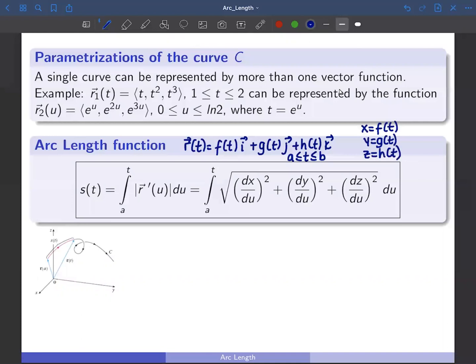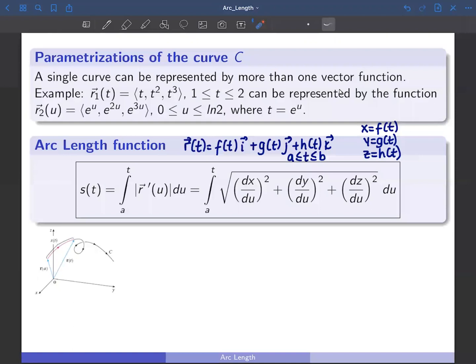And we can define the arc length function s of t. So we denote the arc length function s of t, and this is equal to the integral from a up to t of the magnitude of the tangent vector evaluated at u, du. And this is equal to the integral from a up to t of the square root of dx over du squared plus dy over du squared plus dz over du squared, du.